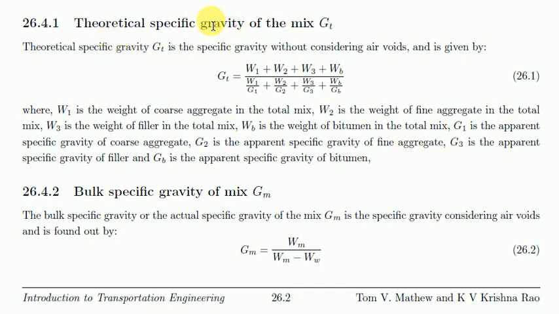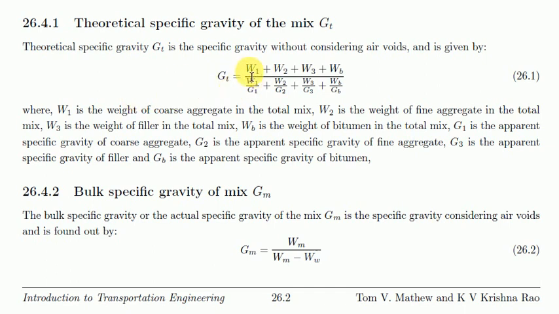Generally we calculate the specific gravity of the aggregate and bitumen. So here, in combined way, it is the theoretical specific gravity of the mix, where a formula is there, with W1, W2, W3 and WB. W1 is the weight of coarse aggregate in the total mix, say I have taken 1200 grams.